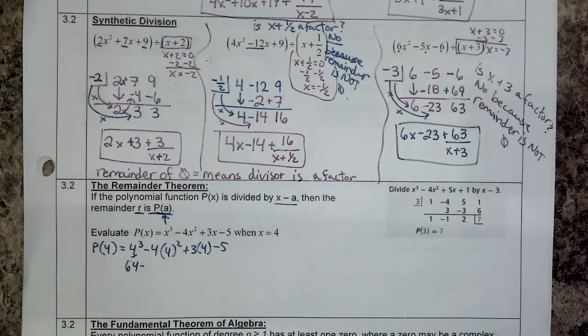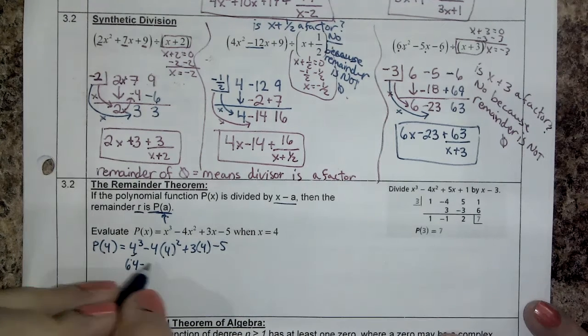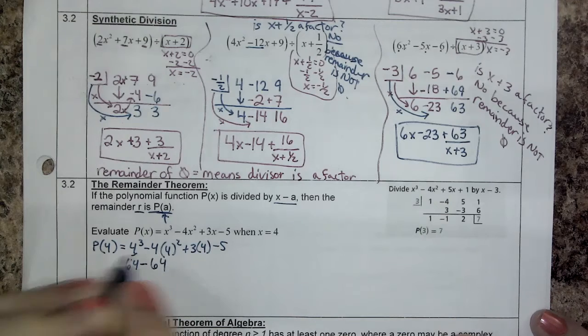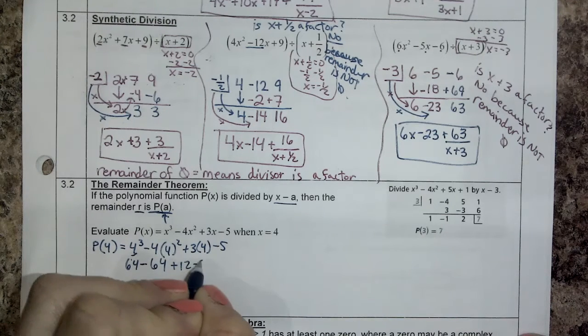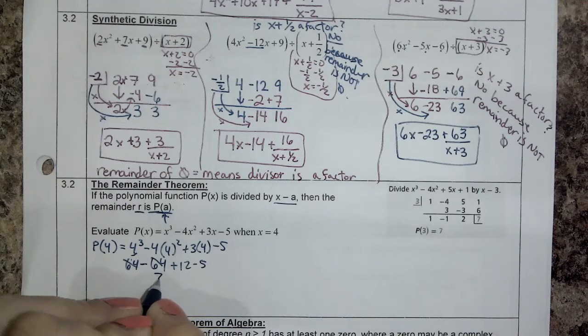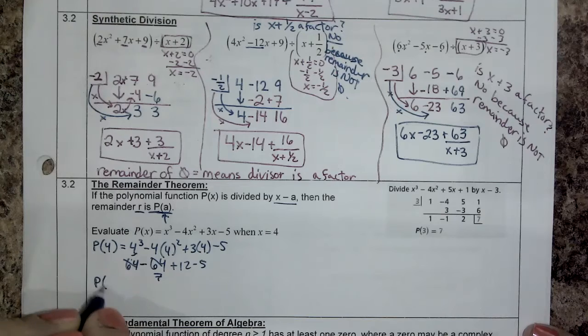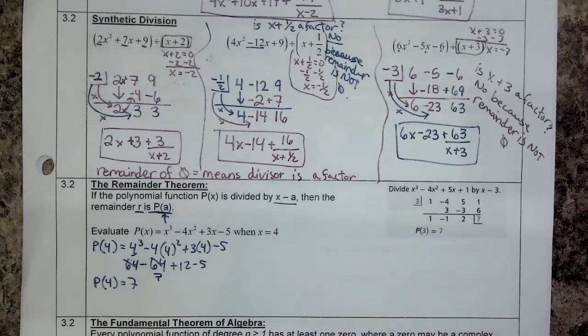So 16 times 4 is 64, so minus 64 plus 12 minus 5. So those are going to cancel, and I'm going to be left with 7. So p of 4 equals 7.